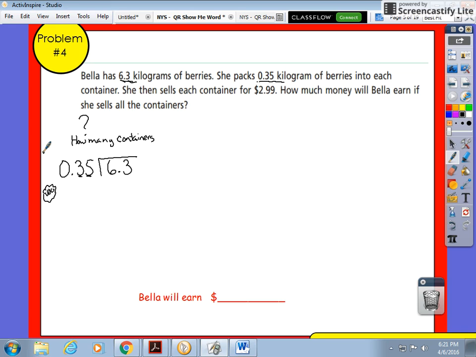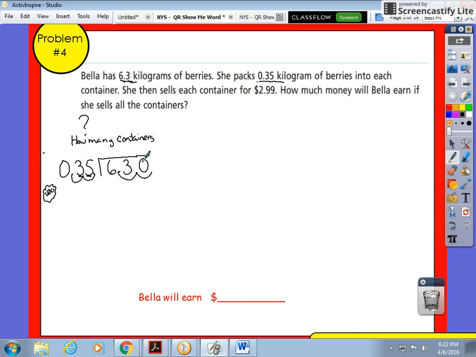So, in order to quickly multiply by 100, I can just shift those digits, shift that decimal point. Notice that I need to move the decimal point 2 places in my divisor, so I need to move my decimal point 2 places in my dividend. I have to annex a 0 to do that.